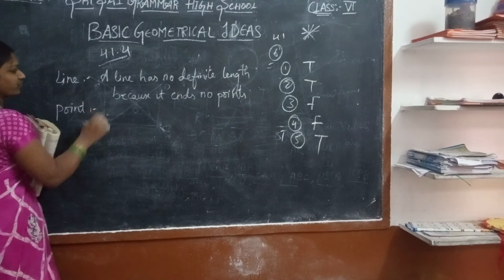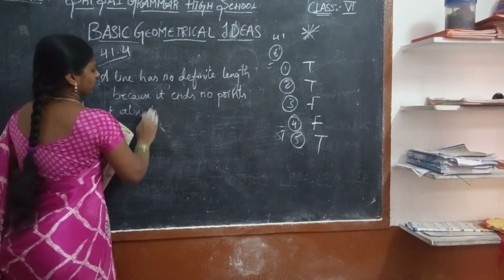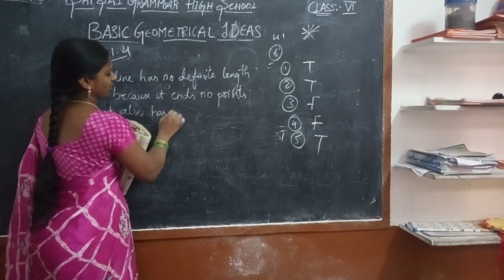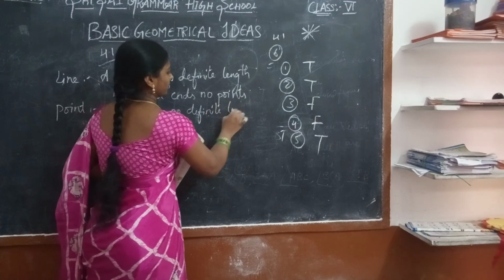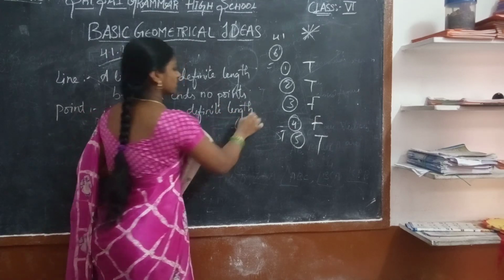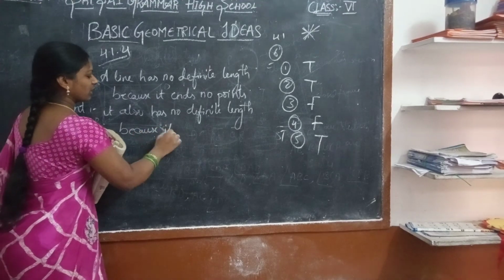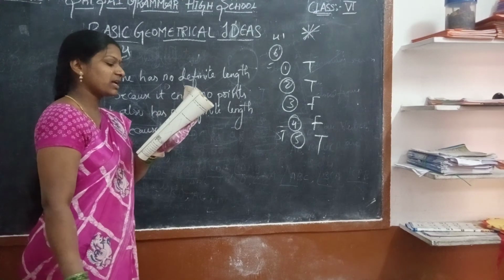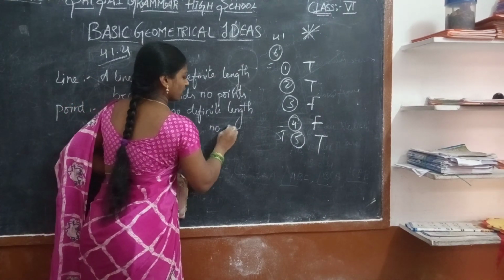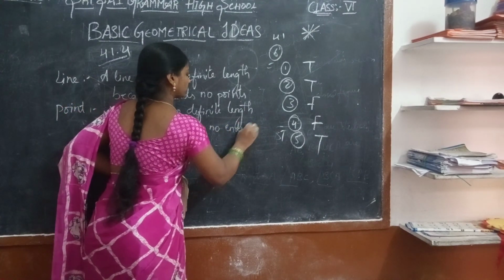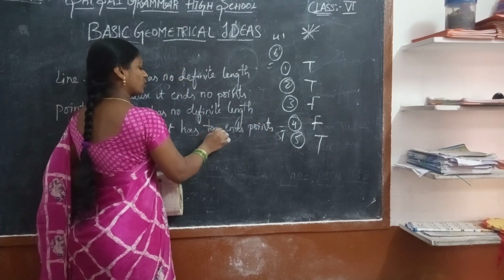It has no definite length because it has no end points. Also, a ray has no two end points.